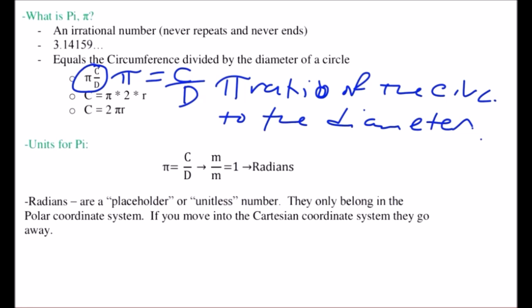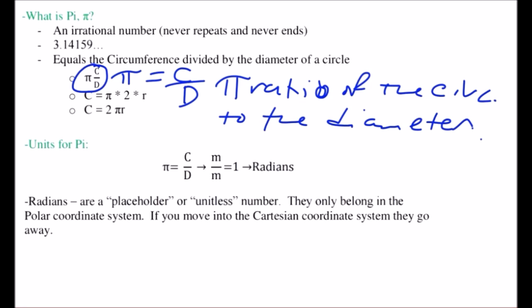The circumference is equal to pi times 2 times radius, because twice the radius is the diameter, right? All we did to get this second bullet was rearrange the first bullet.